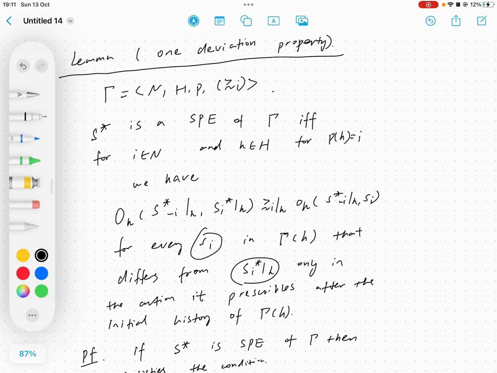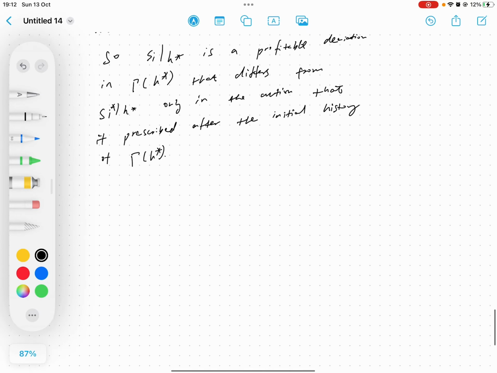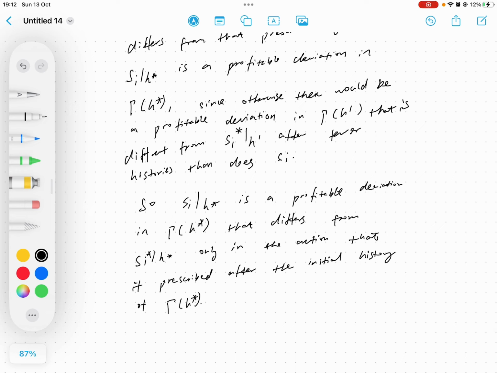The only action that we need to check is just the initial one after the initial node of each subgame, right? So that's a lot of interesting definitions and results that we have for the subgame perfect equilibrium, and later we'll show more properties and more relevant results related to this solution concept.